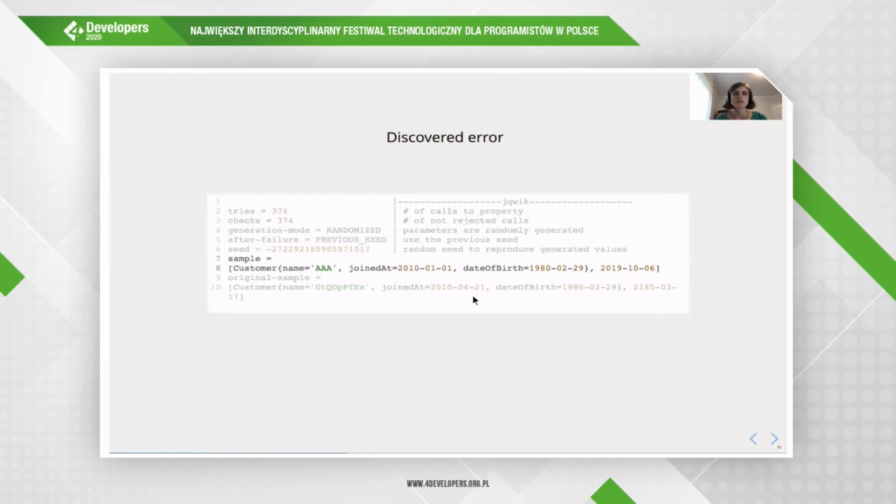Here we have this very interesting thing, because we have a simplified case. So what jQuick does is it tries to generate simpler and simpler data for which our test still fails. And it's very, very helpful. It's called shrinking, and it's one of the things the library can be better or not so good at.